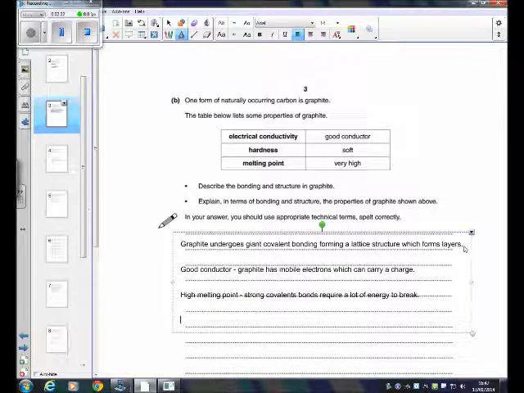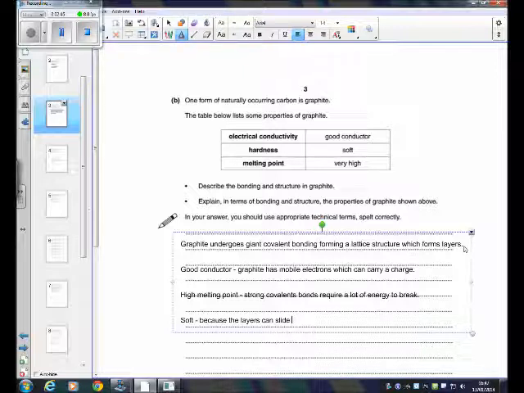The next point we need to cover is soft. And the reason graphite is soft is because those layers can slide over each other, and that makes graphite soft. So because the layers can slide.